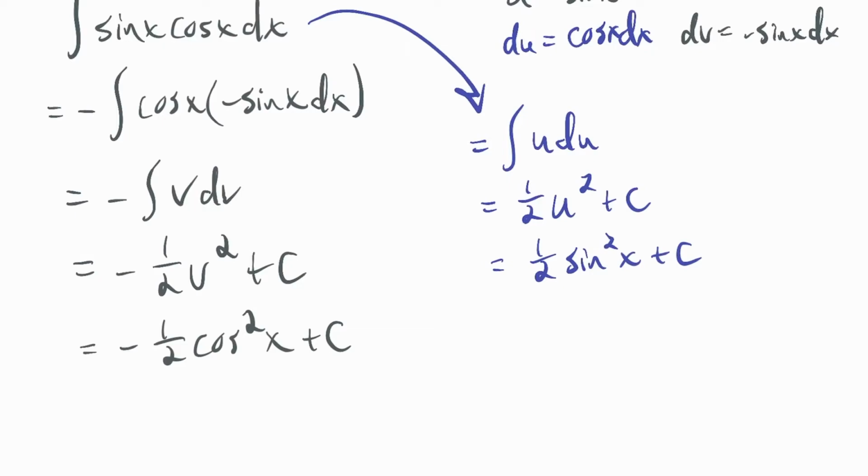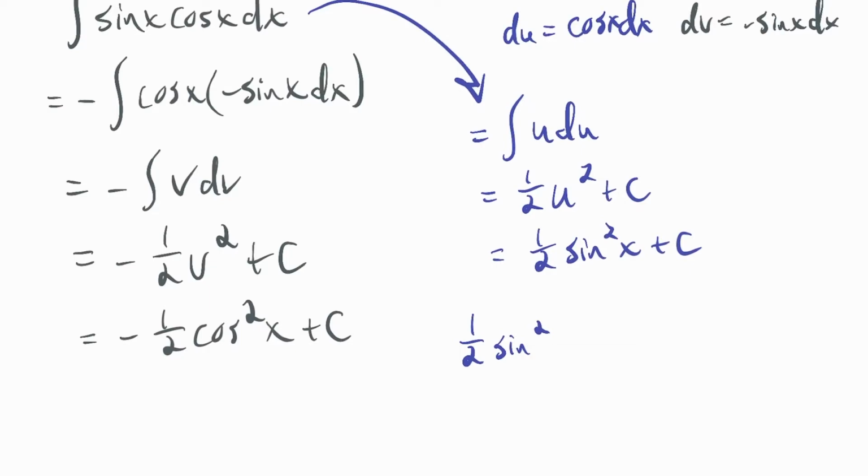So if I say 1/2 sine squared x plus c1, and c2 rather, since I came up with this one second, and this one over here we'll call c1, because they appear to be different.